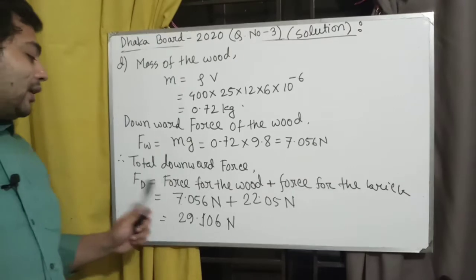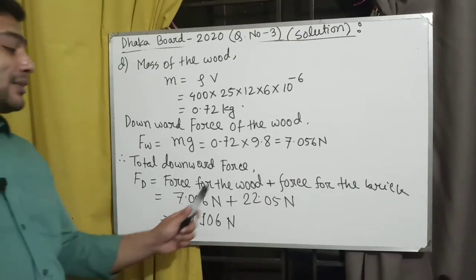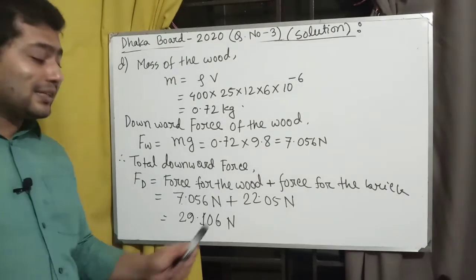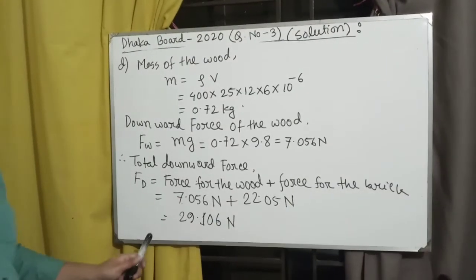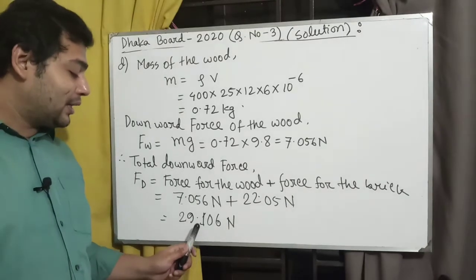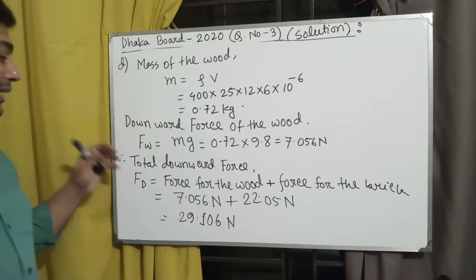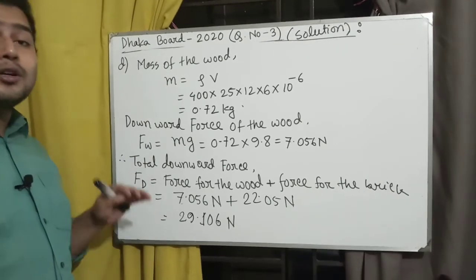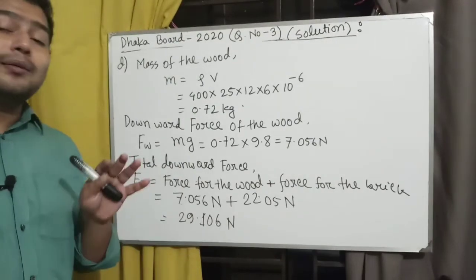Force for the wood is 7.056 plus force for the brick is 22.05 Newton. So calculating, we get 29.106 Newton. So this is our downward force applied by wood and brick.